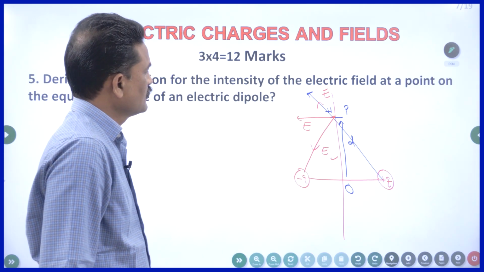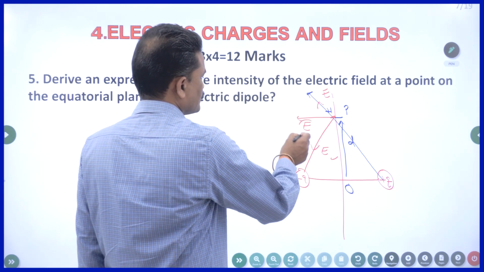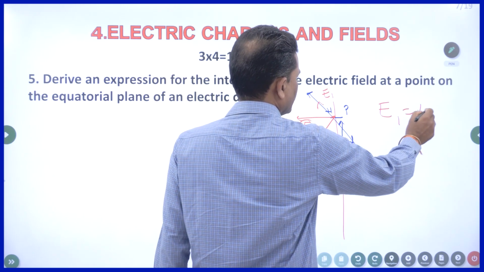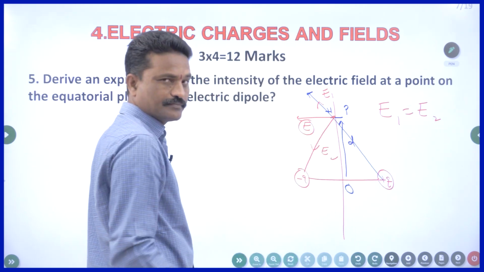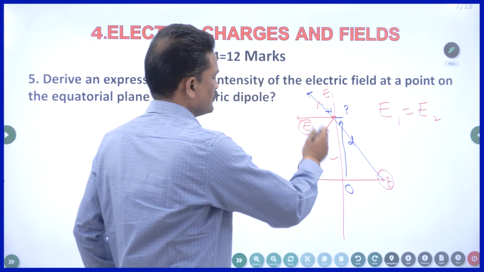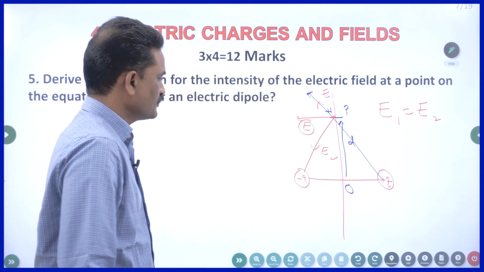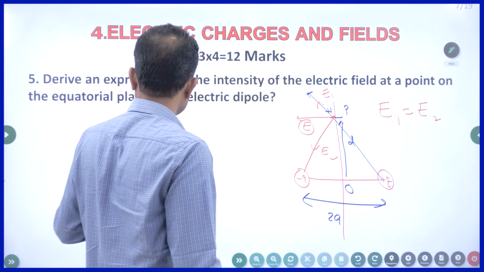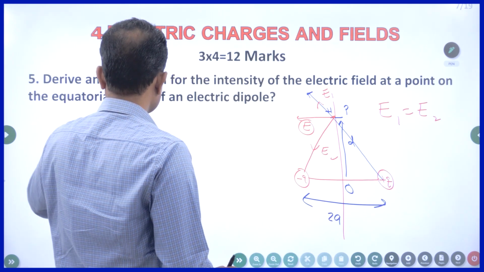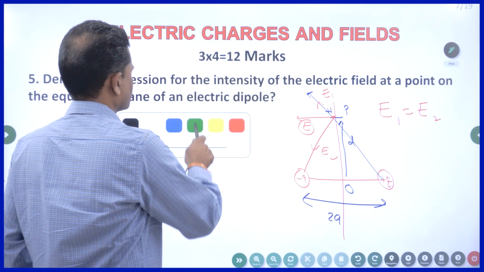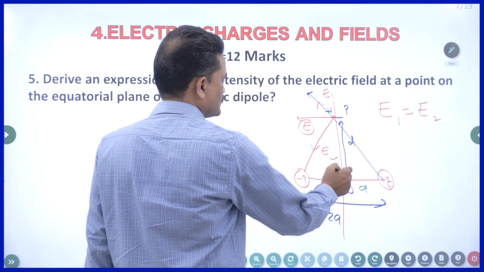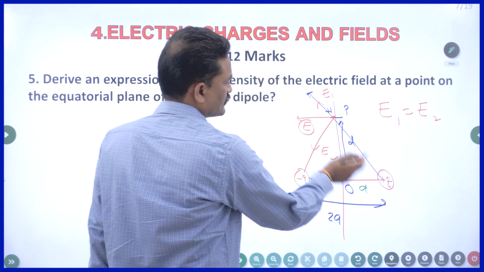So I am supposed to derive the expression for E. Remember, both E1 and E2 are equal. Why are they equal? Charges are same, magnitudes are same, and distances are same. So what is the total length? This is 2a, so this is a. This distance is d. Now what about this distance?